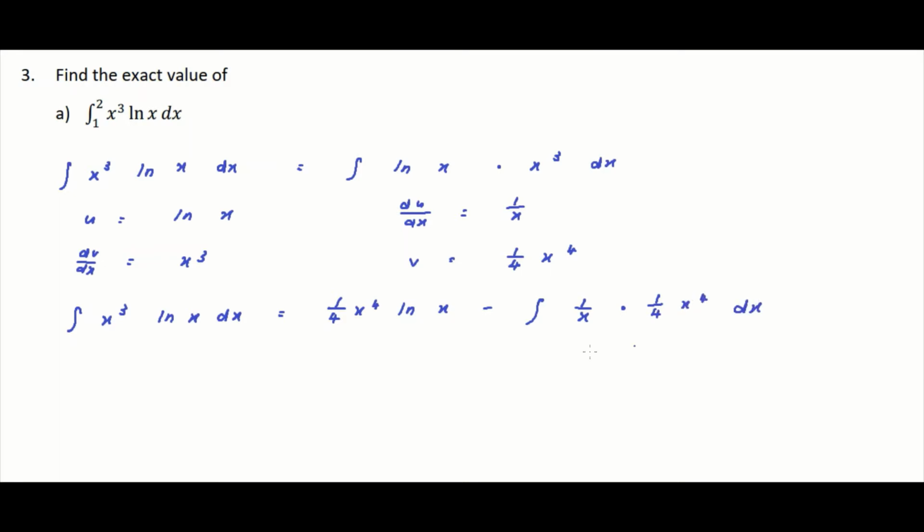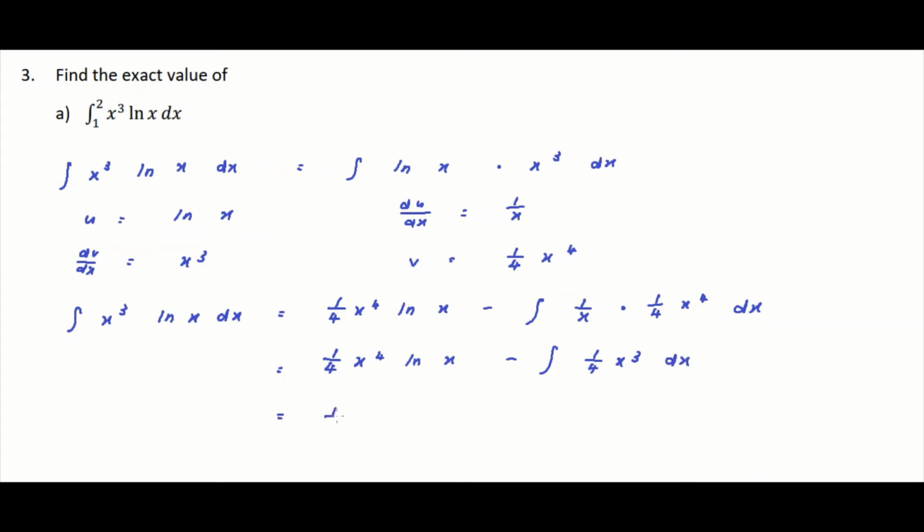Okay, so the idea is that if you try to put your limit in now, you will realize you need to draw the box, and then inside it, whether you write it or not, you feel confused as well. So that's why you just do it without the limit. Then after that, you only put in the limit after you solve everything. So 1 over 4 x to the 4 ln x, then after that minus 1 over 4 x cubed dx.